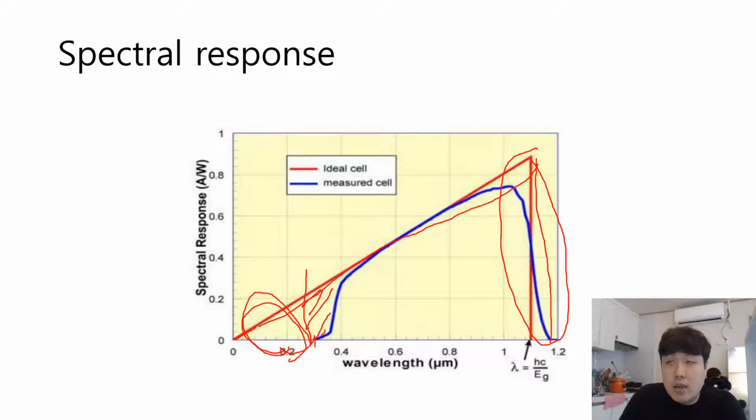When we get the longer wavelengths, the light has lower energy, so the light passes through the solar cell surface, so we do not collect the electron hole pairs, so the spectral response is lower like this graph.